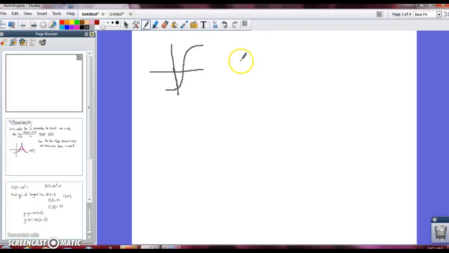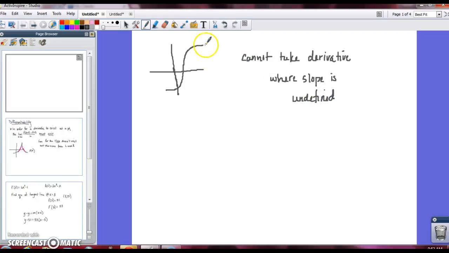It doesn't exist because you cannot take the derivative where the slope is undefined.